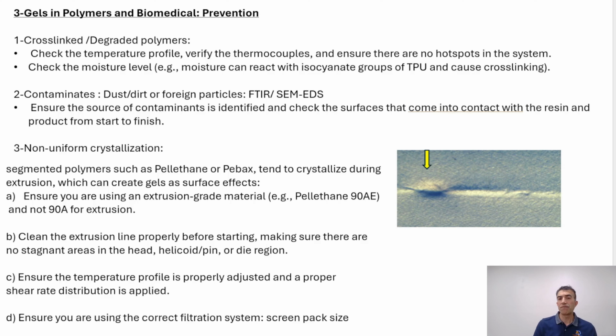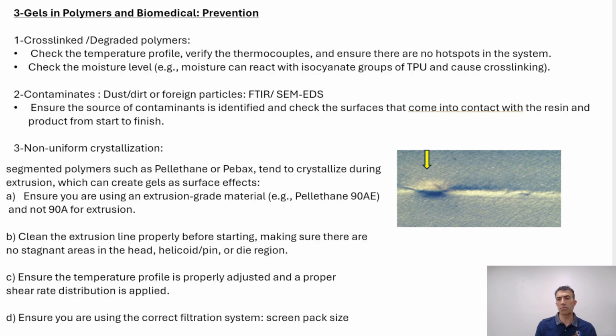If you are using a very tight screen pack, it could create a back pressure that would cause backflow into your system, increasing the residence time of the material inside the extruder, and it potentially would create degradation or cross-linking that would impact your process of that material. You can see it in the pressure, which becomes unstable, and the gels that would appear on your material.